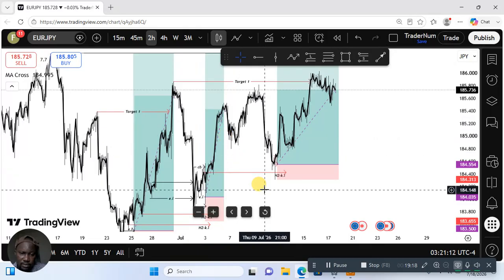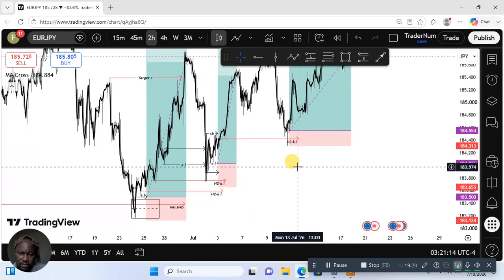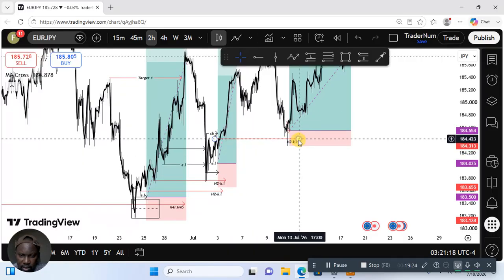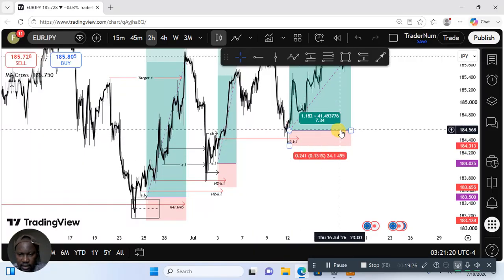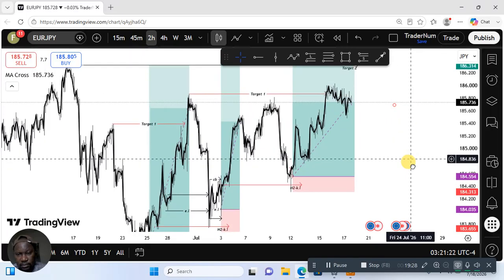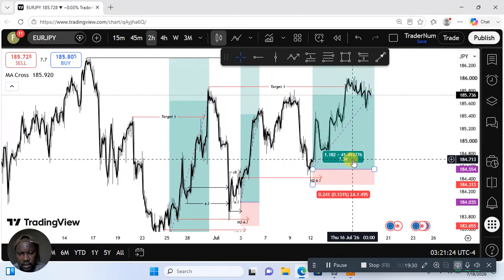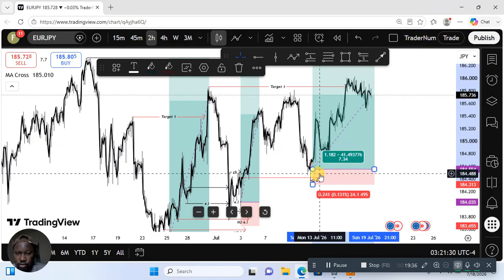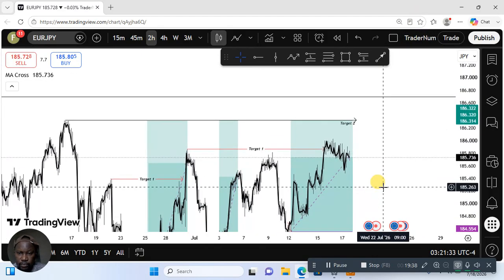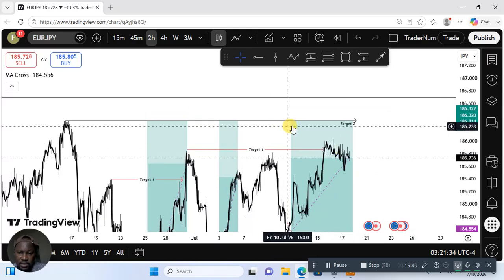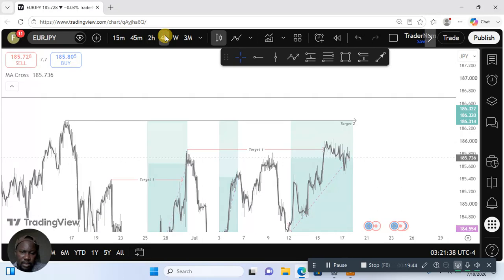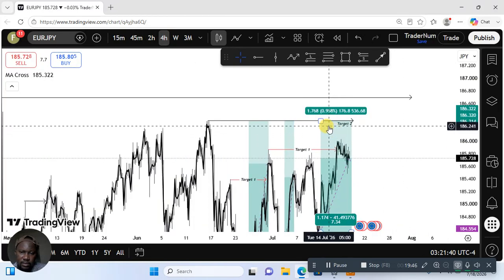This is just something I did just to know what price is doing. So we're expecting this high to be taken, and on a bigger scale, this one is going to be grabbed also, and also on the weekly scale, on the bigger scale, on the weekly level, this one will be grabbed.